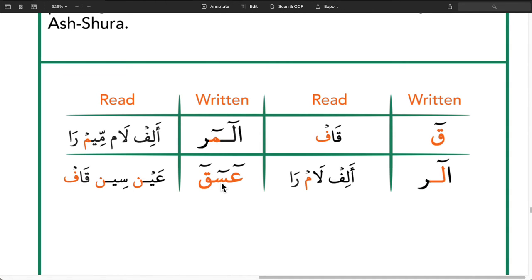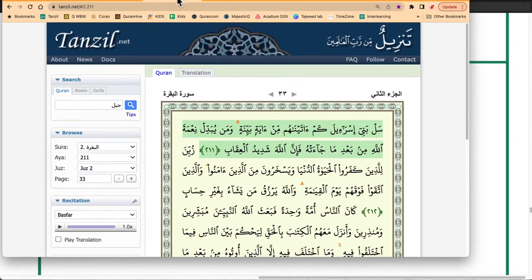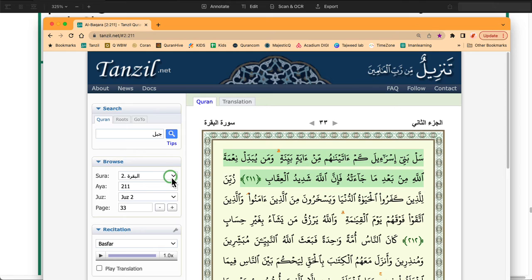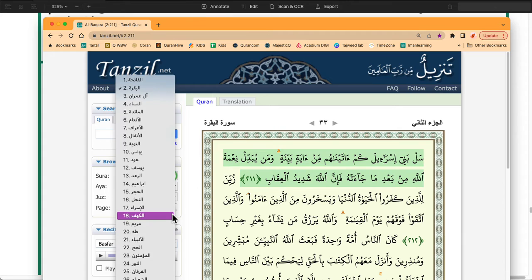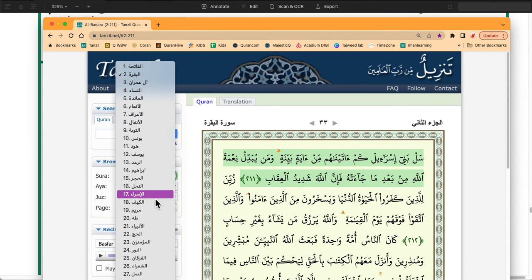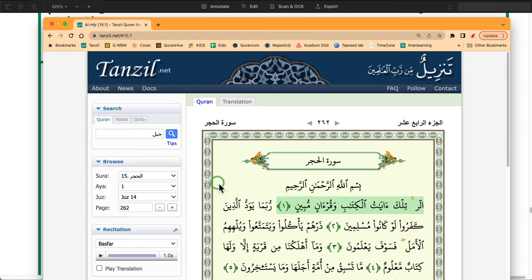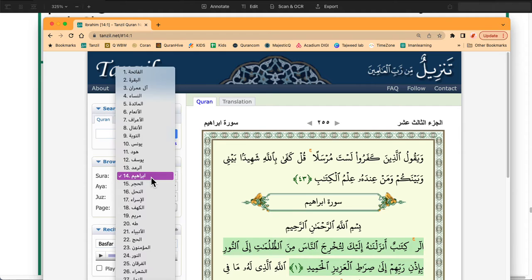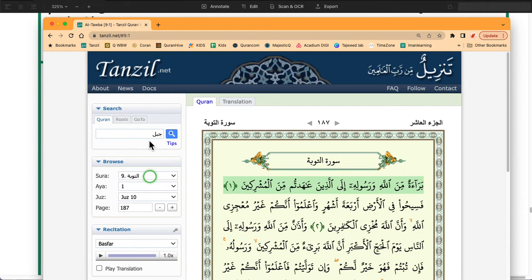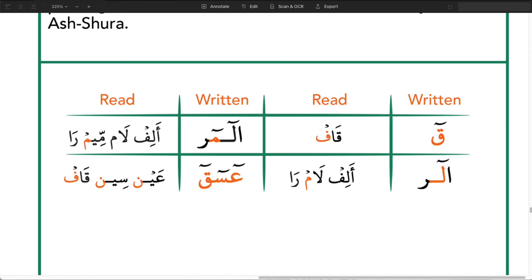Ain, Sin, Qaf. Okay, I'd like to pull up a recitation. Let's see if I can have it here. Ain Sin Qaf. I'm trying to find it, if I can have a check with that, it will be great. One moment.